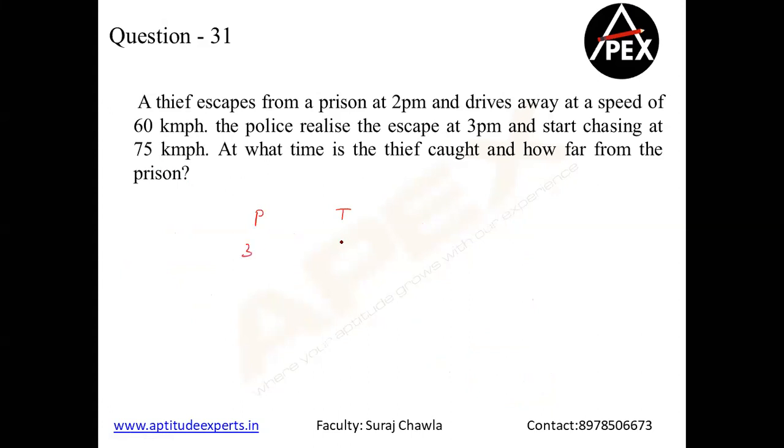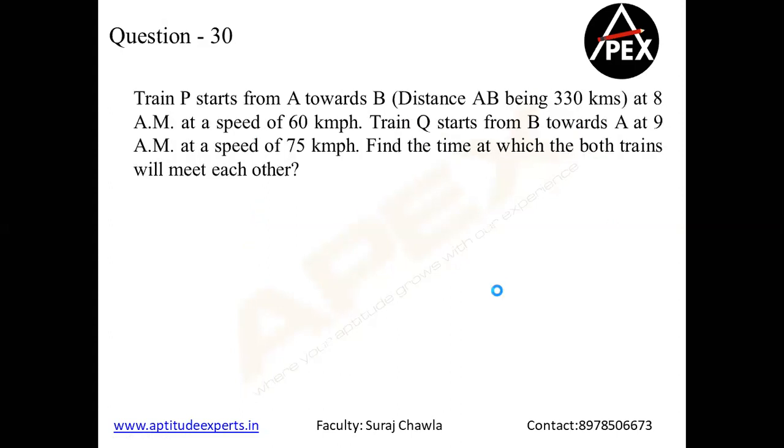Police started at 3 o'clock, thief started at 2 o'clock. But when you go to 32, I do not know at what time the police started. I am told that the thief started at 2 o'clock only. So it's nothing but the way in which the question has been given, nothing else. Clear? Next doubt.